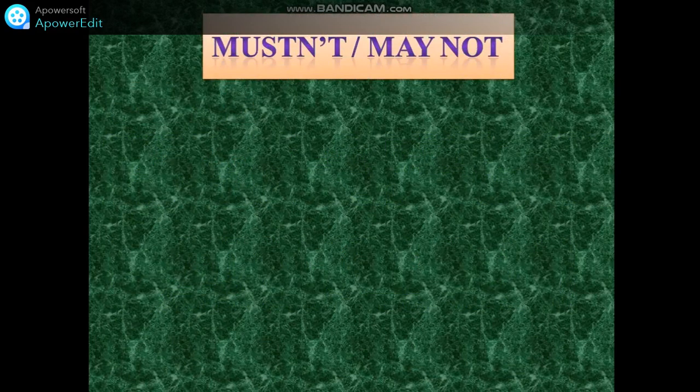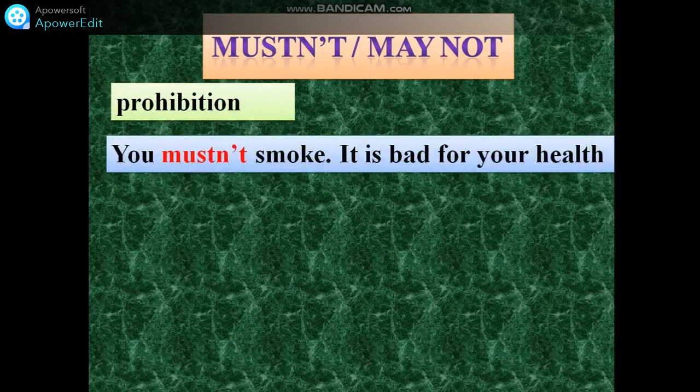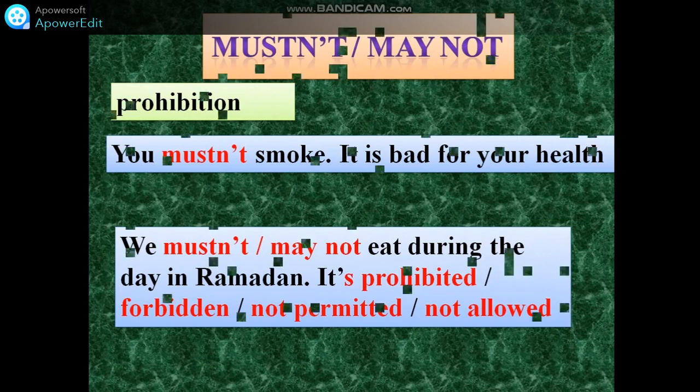Mustn't, may not: prohibition. For example, you mustn't smoke. It is bad for your health. We mustn't or we may not eat during the day in Ramadan. It is prohibited, forbidden, not permitted, not allowed. Very good.